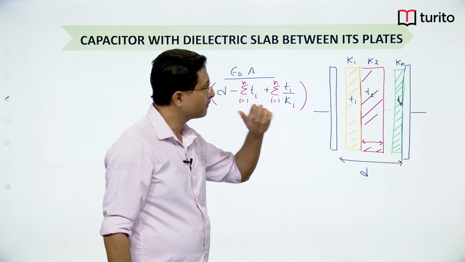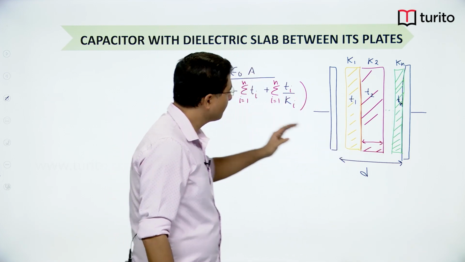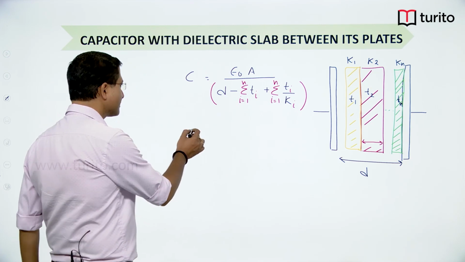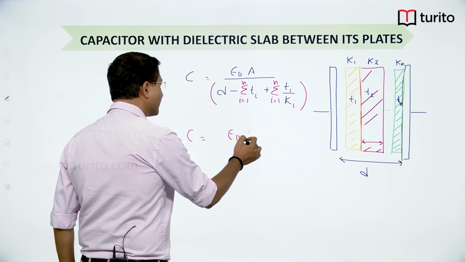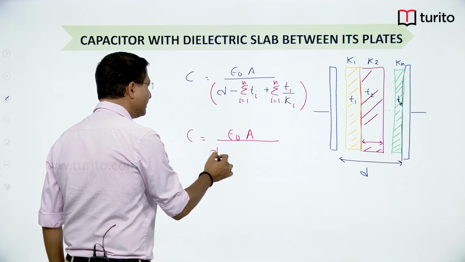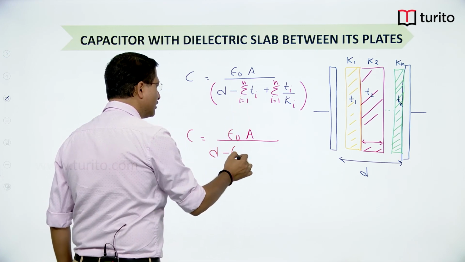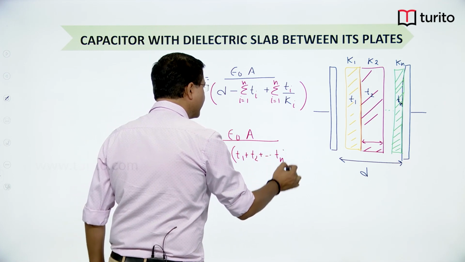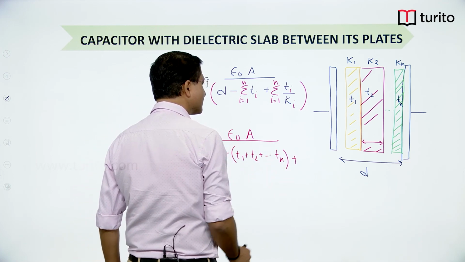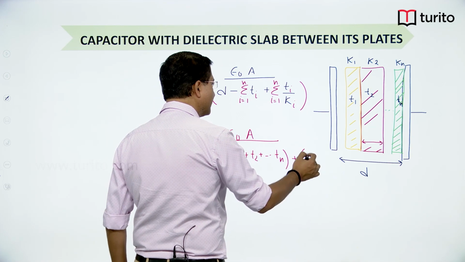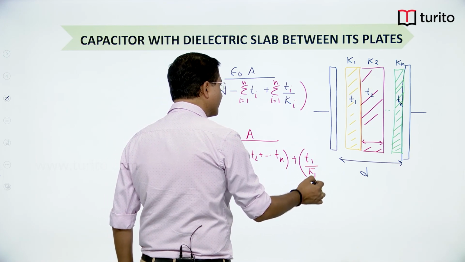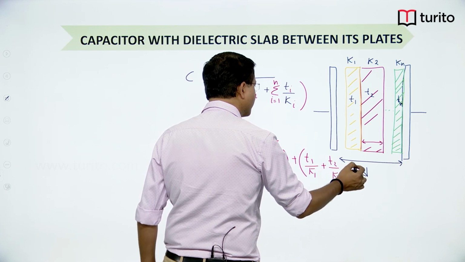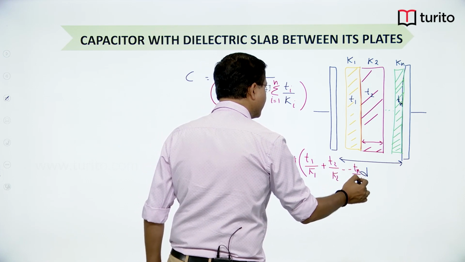So when there are so many slabs, for every slab we have to write. So here actually this is epsilon naught A divided by d minus T1, T2 up to Tn, then I will put plus, then I will write T1 divided by K1 plus T2 divided by K2, and so on up to Tn divided by Kn.